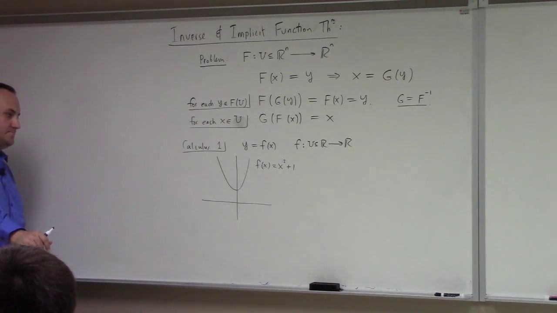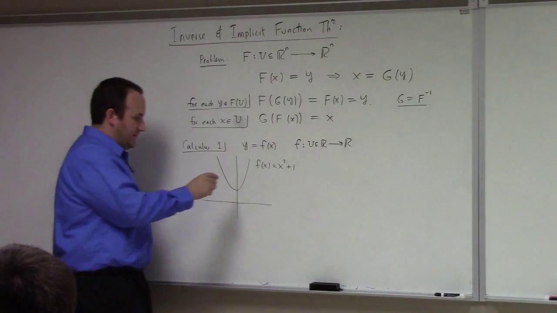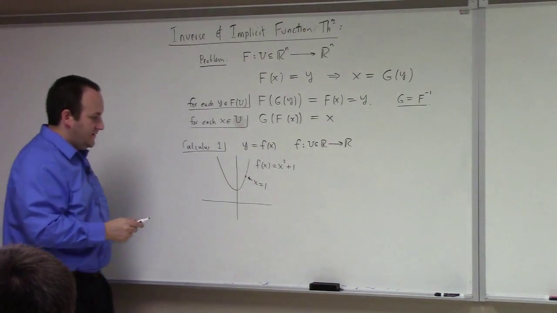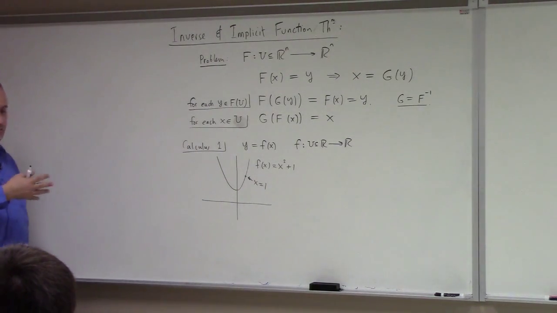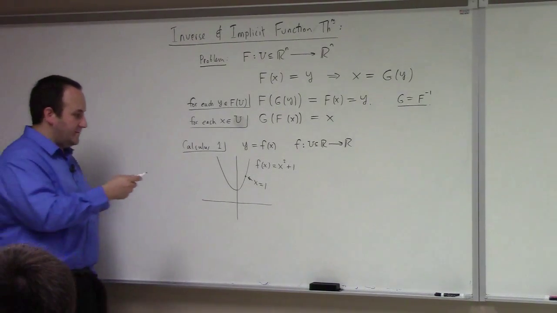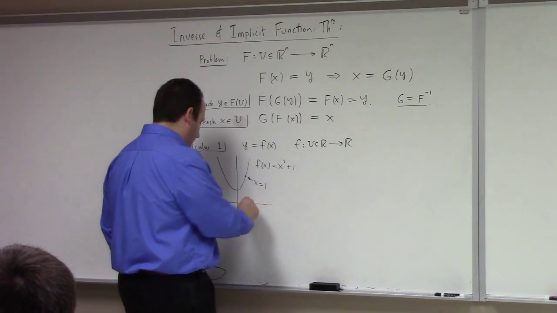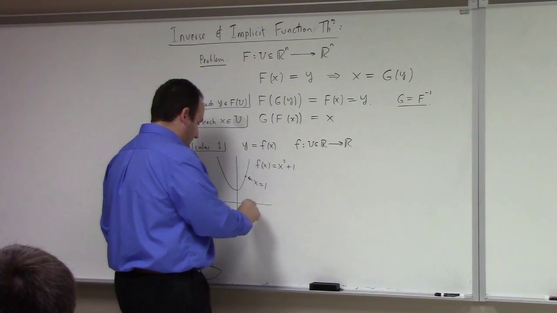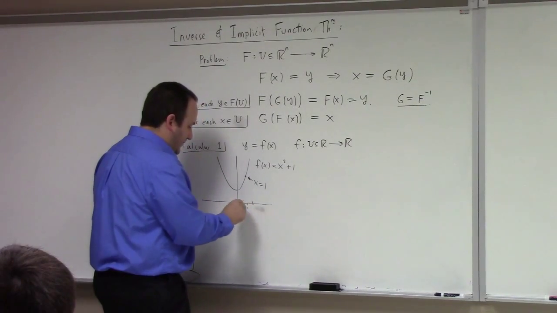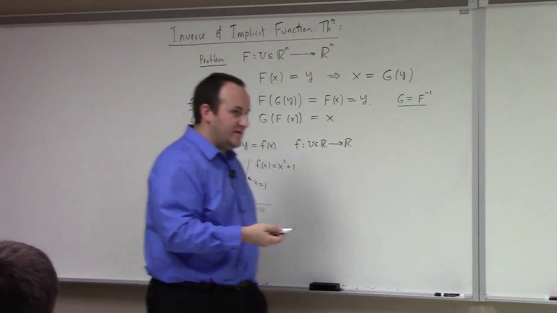But on the other hand, if I pick a point like this one, for example, x equals 1, right? I know if I zoom in close enough to that, the function is injective, right? So if I look at some open interval about 1, like 1 minus epsilon, 1 plus epsilon, something like that, some little open interval there, then the function is injective.